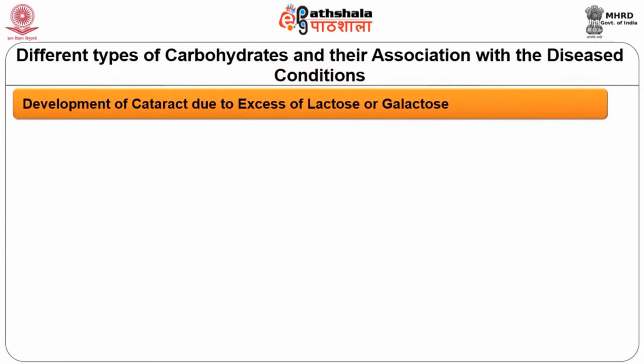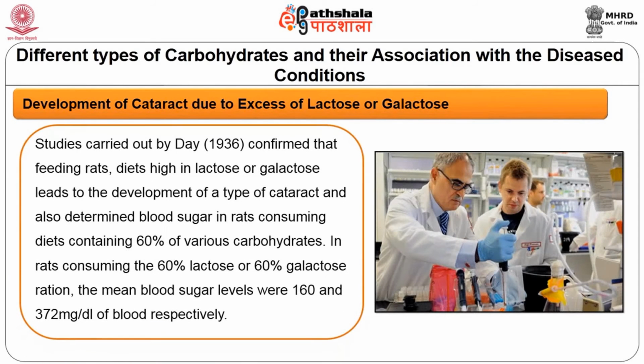Next one, development of cataract due to excessive lactose or galactose. Studies carried out by Day in 1936 confirmed that feeding rats a diet high in lactose or galactose leads to the development of cataract, and also determined the blood sugar in rats consuming diets containing 60% of various carbohydrates.